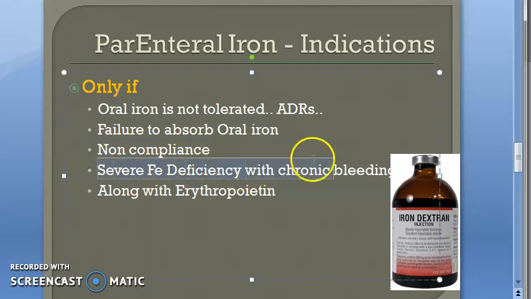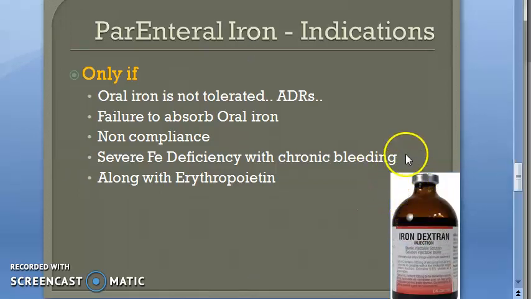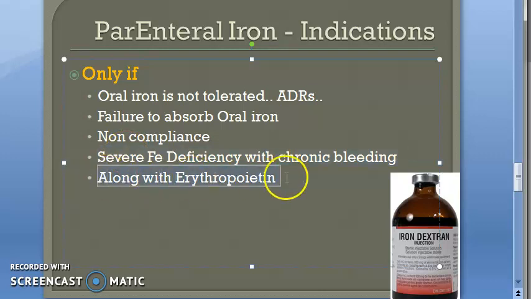Severe iron deficiency with chronic bleeding: if this person has a lot of blood loss and already has severe iron deficiency, then it is an indication for parenteral iron. And along with erythropoietin, it can be given.